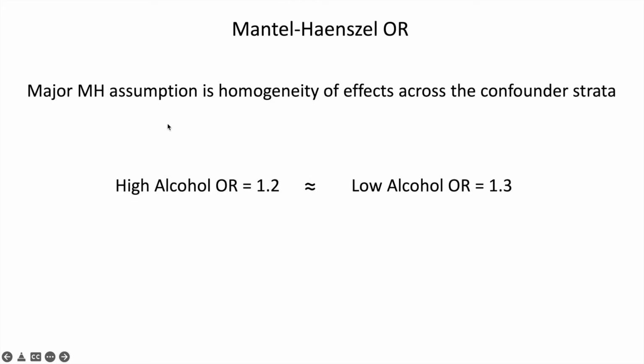One of the major assumptions here is that the measure of effect, so the odds ratio in the two strata of the confounder, are similar. So here we have 1.2 and 1.3, and that's pretty close.